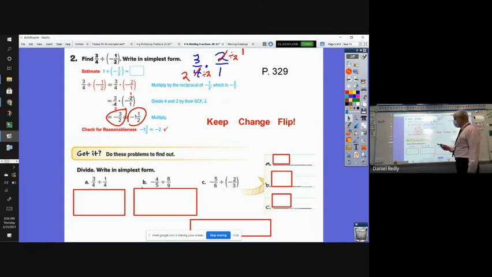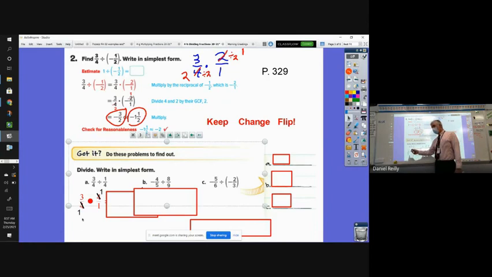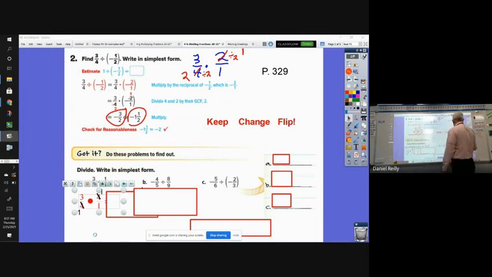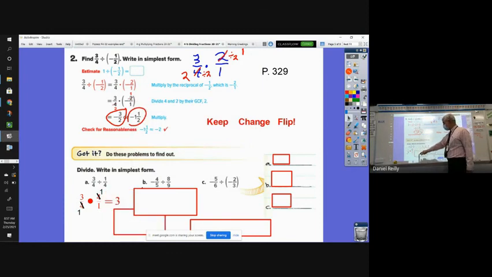But if you can't, then we'll keep, change, flip to make it 3/4 times 4/1. Keep the first fraction, change the division to multiplication, flip the second fraction to 4/1. Cross reduce because I have 4s on the top and the bottom. So I can make them both 1s and multiply across, and I get 3/1, which is 3.